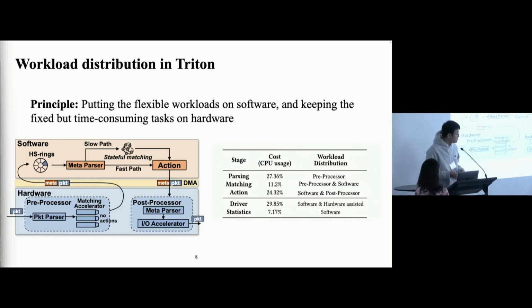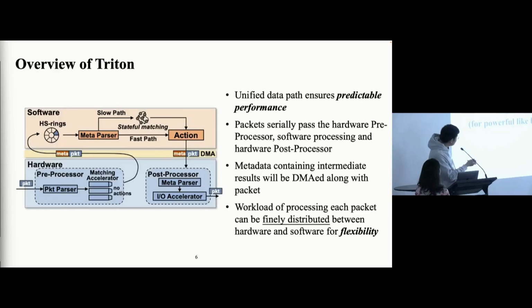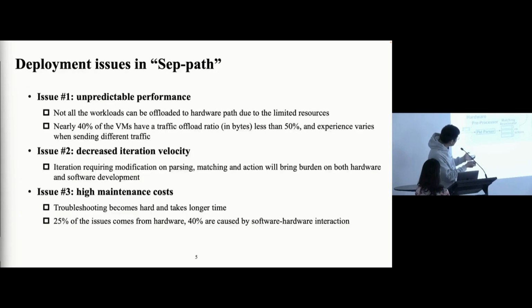So we think we need to balance the performance and also the programming flexibility. We need iterations and evolution. The velocity is important. We need to fix bugs and support new features. If you use independent hardware paths, we need to code on both sides. That will slow down the velocity, and also the maintenance will be less flexible. So we need to trade off these three issues. I think that's the answer.